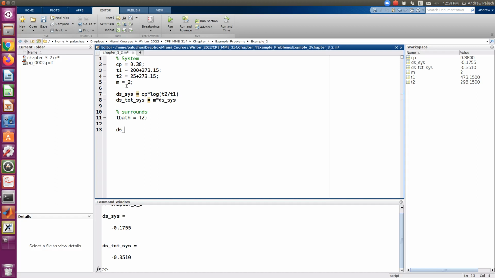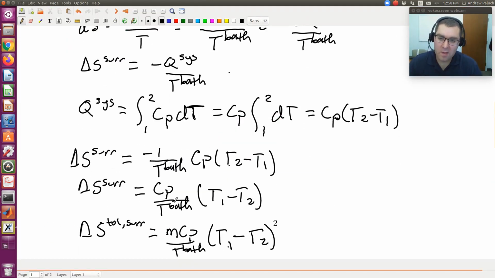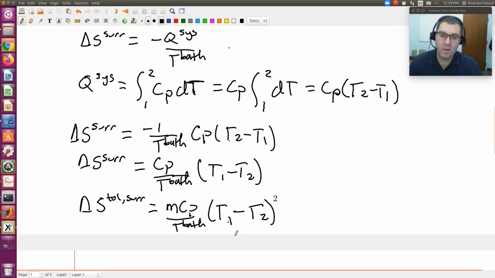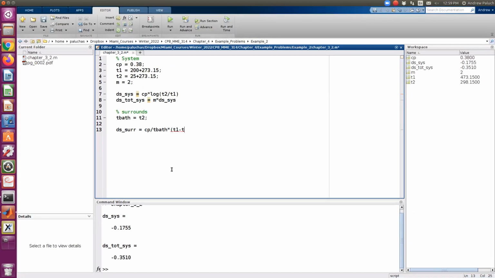So delta S of my surroundings is going to be equal to Cp divided by T bath, and T bath needs to be in Kelvin, since it's Cp divided by T. Temperature here, I would just keep T1 and T2 in Kelvin, but you could use degrees C since we're talking about a difference. But T bath needs to be in Kelvin. So Cp over T bath times T1 minus T2.